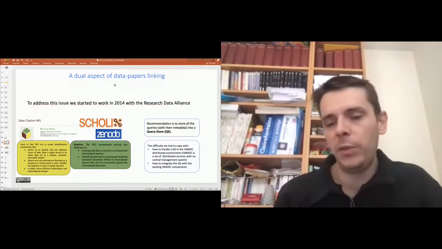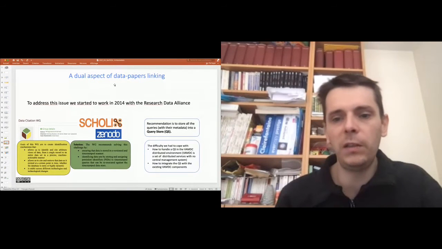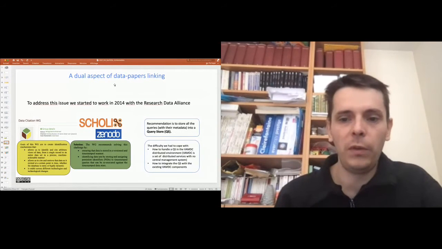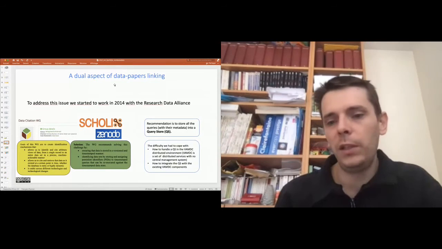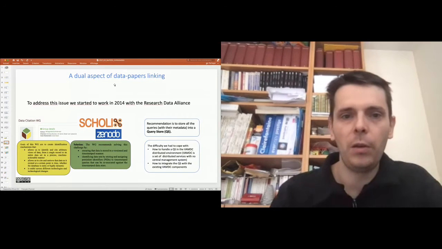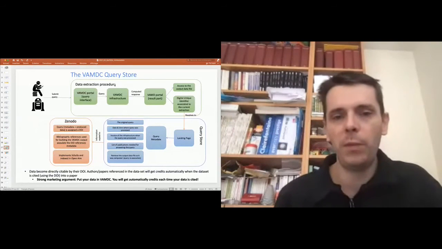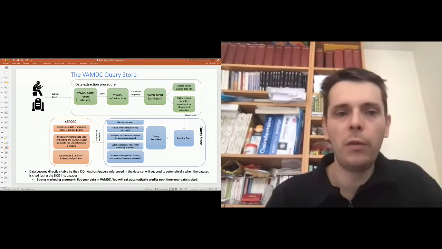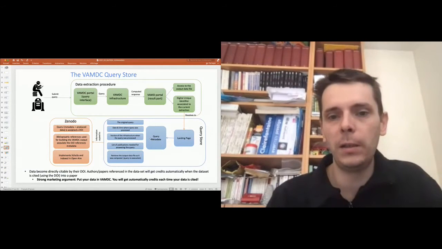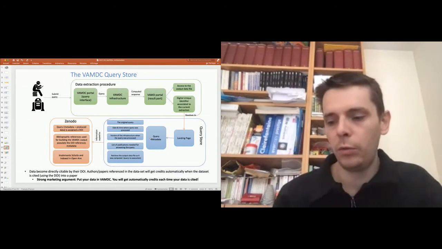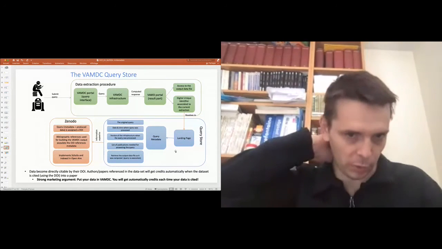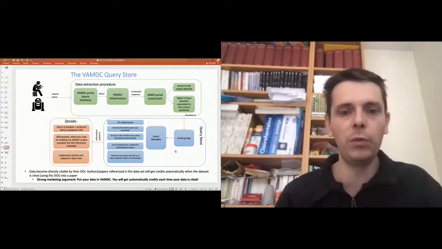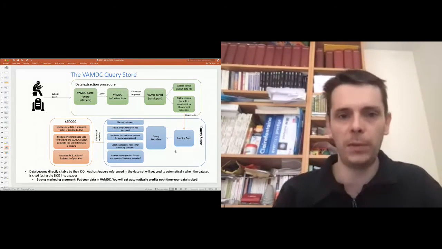In our specific case, the difficulty was that VAMDC is a distributed set with no central management, and we had to integrate this query store feature with the existing VAMDC components. We succeeded. We have implemented the data citation and Scholix recommendations. Now the end-to-end workflow allows us to propagate the bibliographic information to the end user and to the reused papers.